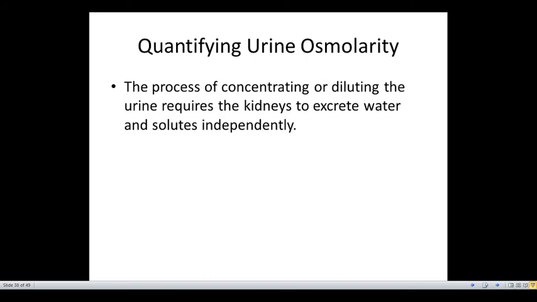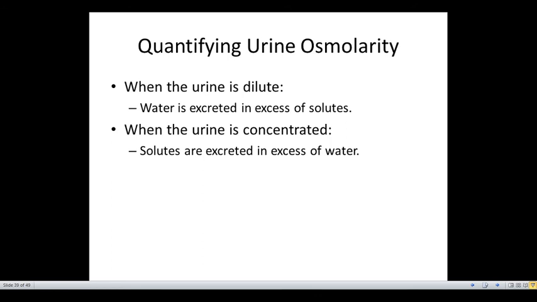So when the urine is dilute, that means water is being excreted in excess of solute. And when the urine is concentrated, that means solutes are being excreted in excess of water. Simply meaning more solutes are being excreted and less water is being excreted.